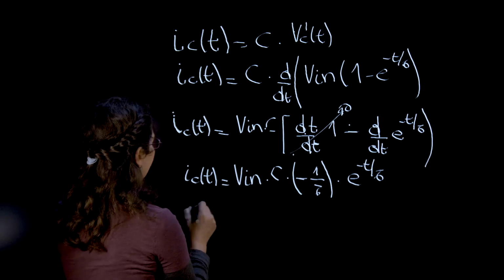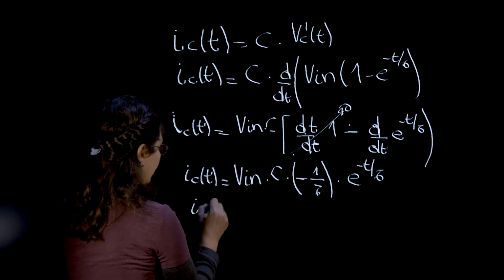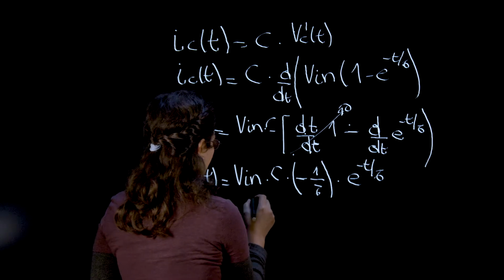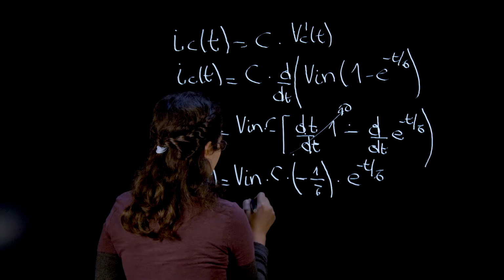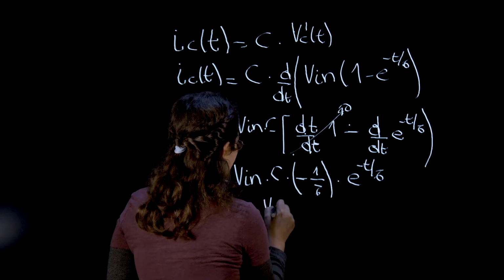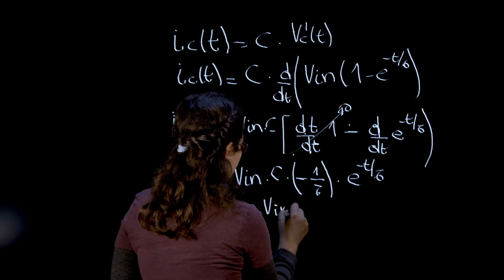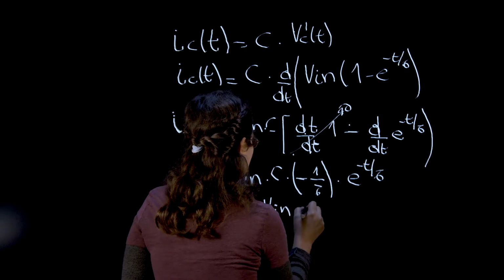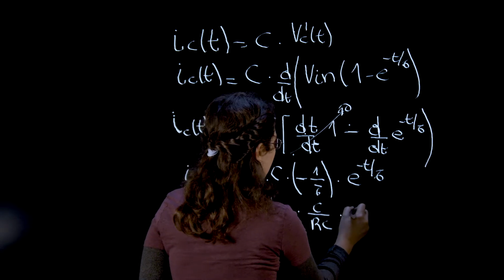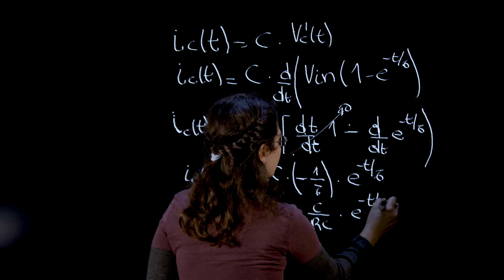So there's something wrong here. So minus V in times C over RC times e to the minus t over tau.